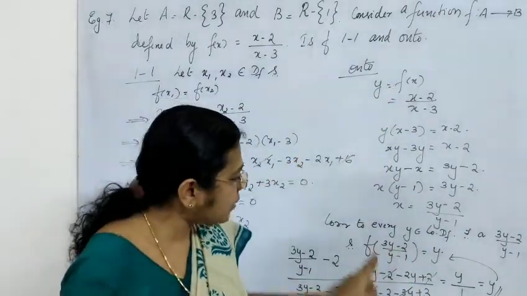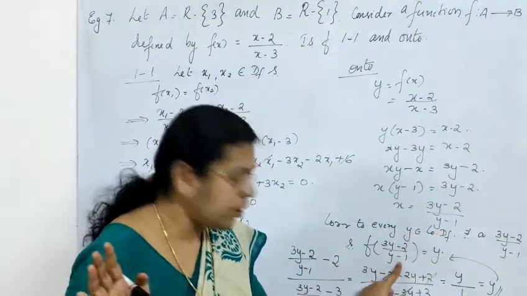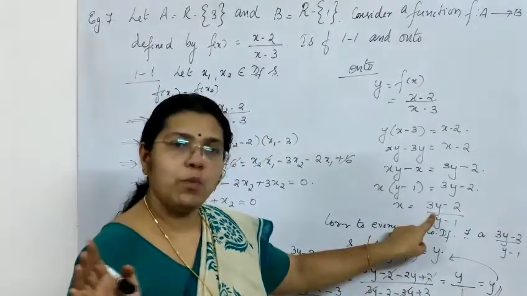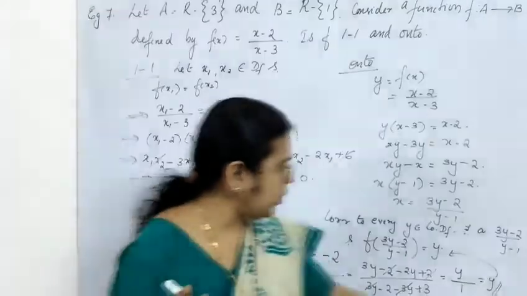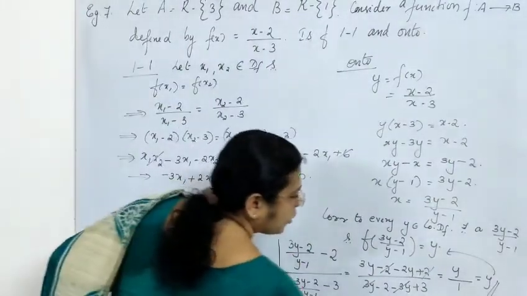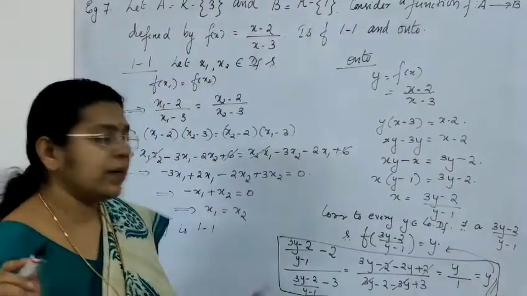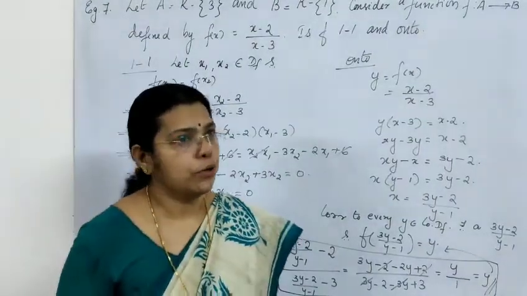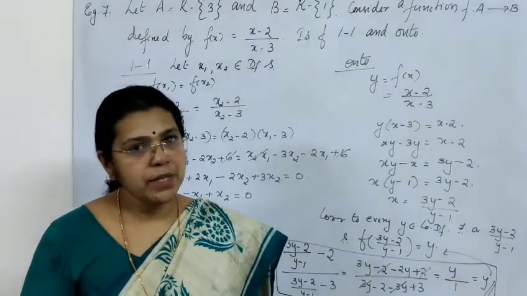Now, this x expression is in terms of y, such that you get y. I have given the expansion here for you to understand it fully. Therefore, what will I conclude? The function is onto, and hence it is a bijection. Am I clear on what I am saying? Okay.